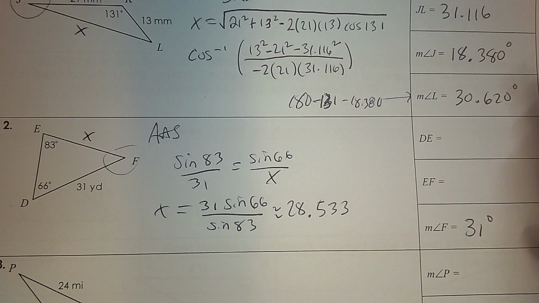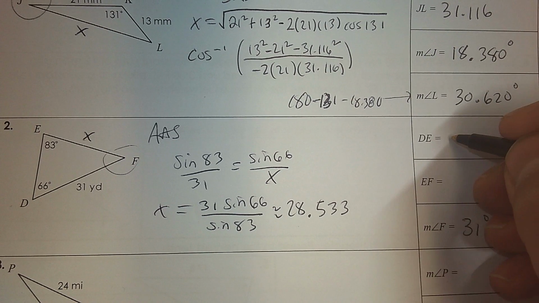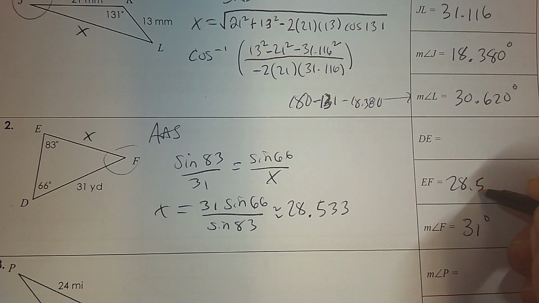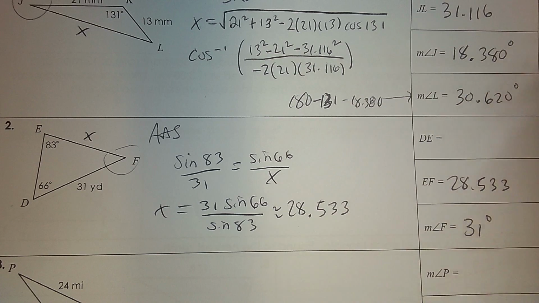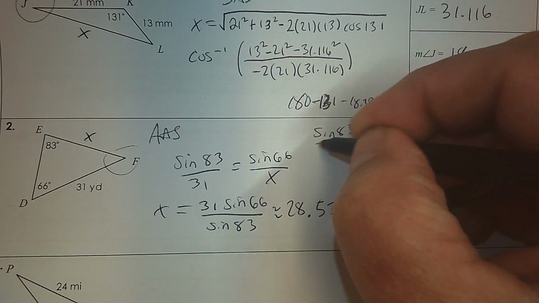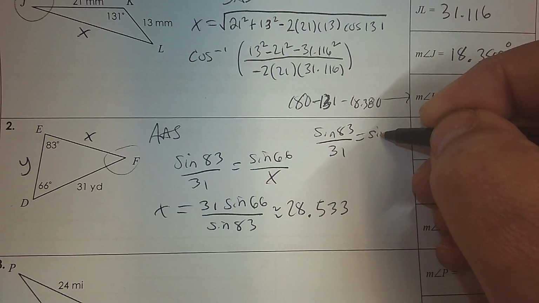25.533. That's E to F. The other one, I'll do it up here in the corner. We start with sine 83 over 31. I'll call this Y. So opposite of Y is that angle I found, 31.